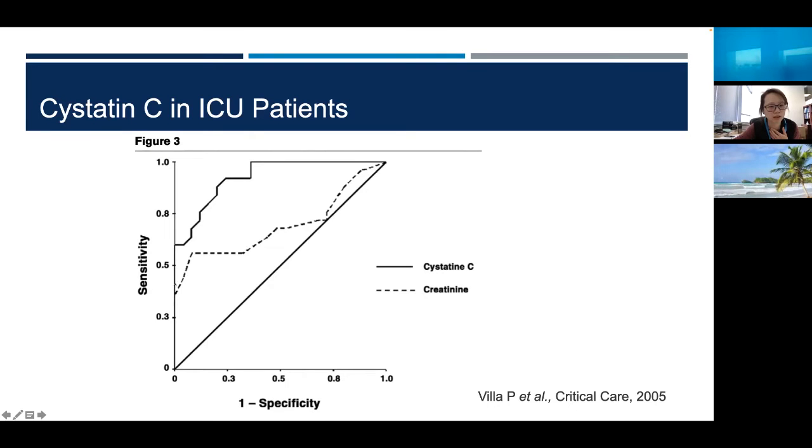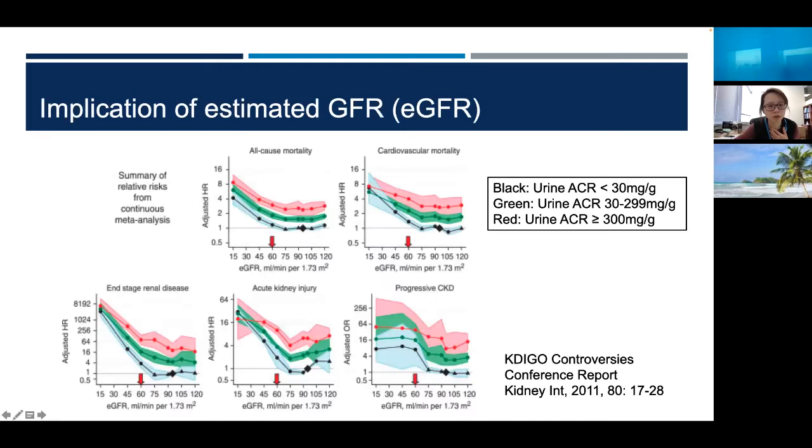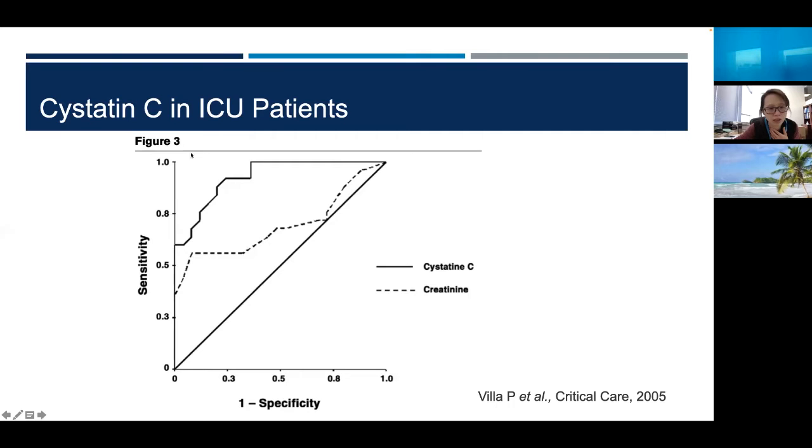And then if a curve goes this way, then the area under the curve will be 1, and that's typically the gold standard. So the higher the test goes this way, the more accurate it would be. In general, the higher the area under the curve, the more accurate a diagnostic test is.